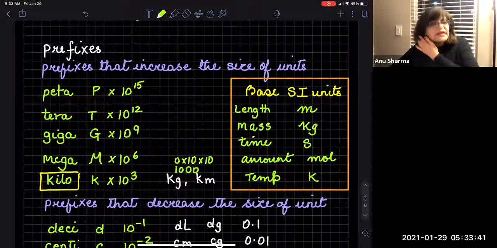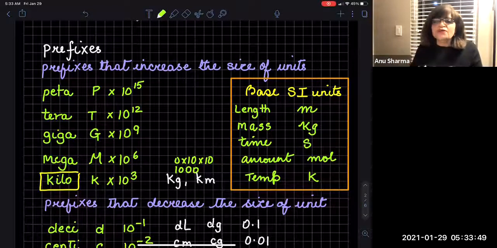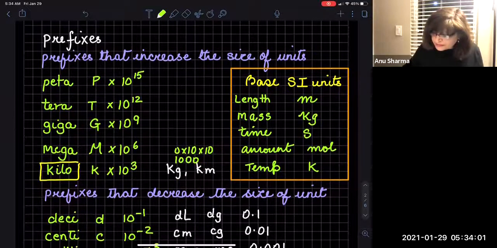Okay, so then also there are the base units. The base units are like the standard, and everything else is in relationship to them. So in terms of length, meter is the base unit. In terms of mass, kilogram is the base unit. For time, second is the base unit. And then you will study more about the amount, where the mole is the base unit.